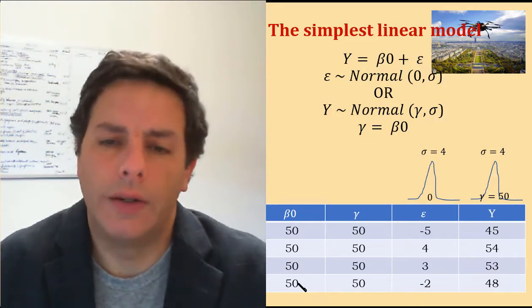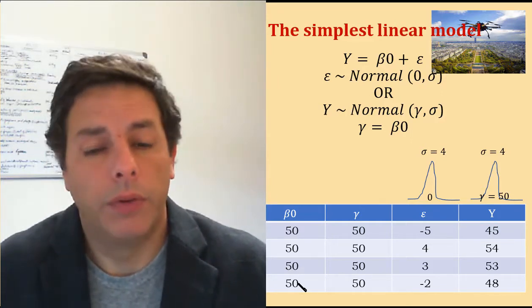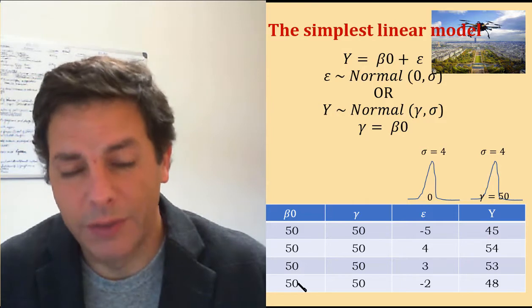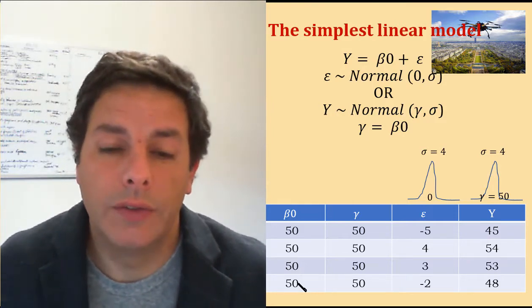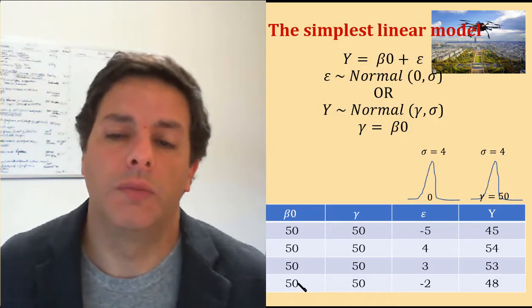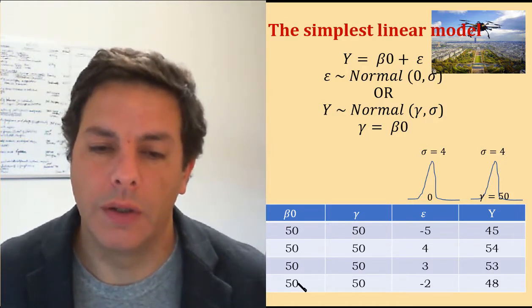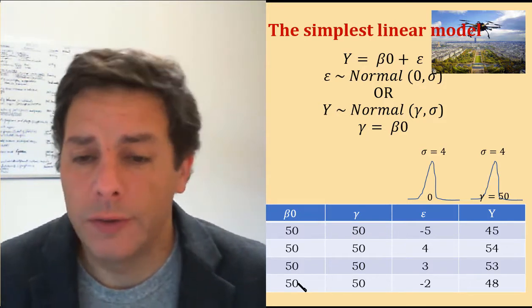When you have the same value for all participants, or units of analysis, could be humans, could be animals, and sometimes the unit of analysis could be a school or a city, etc. Typically in psychology, we have humans as unit of analysis.